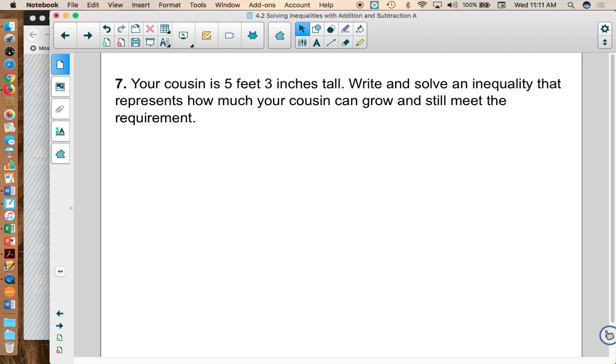And this is going just right off of number 6 that we did as a group.